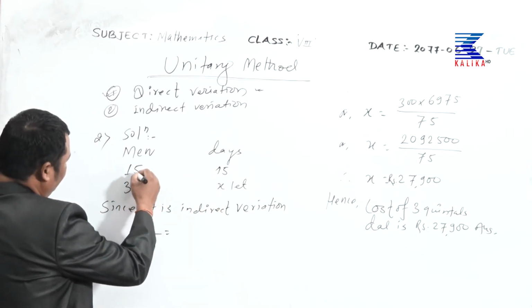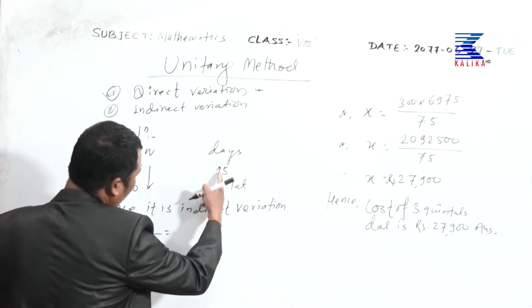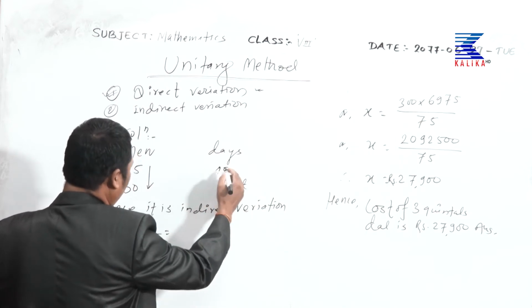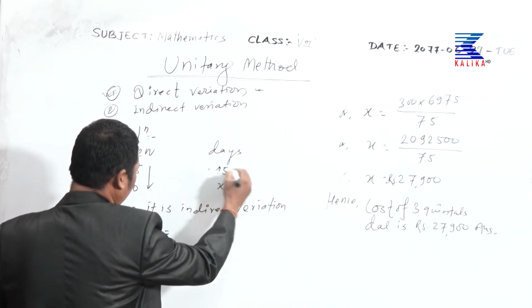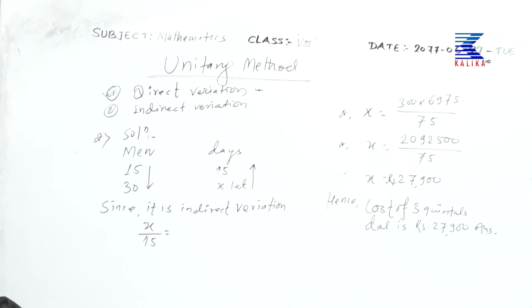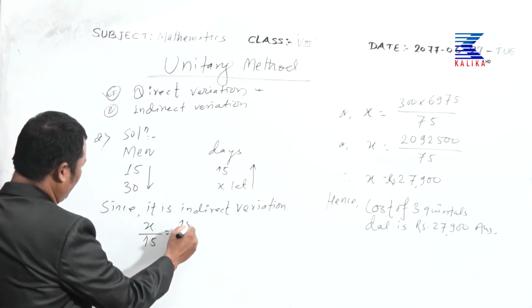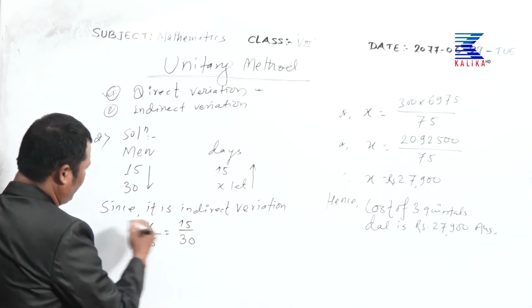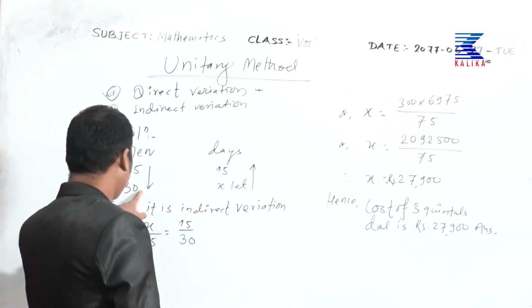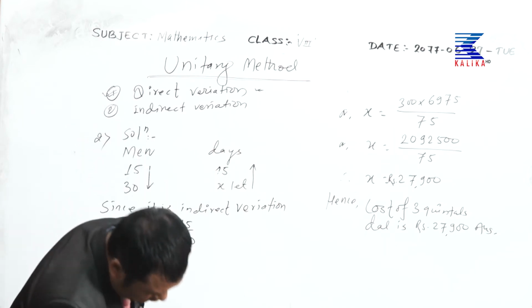Here 30 is more, so the value of x is less than 15. If it were direct it would be 30 upon 15, but it is inverse, so 15 upon 30.